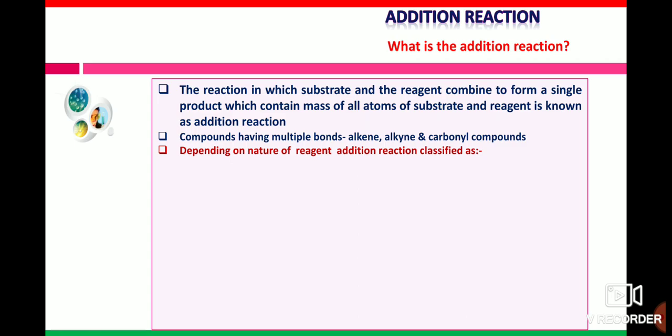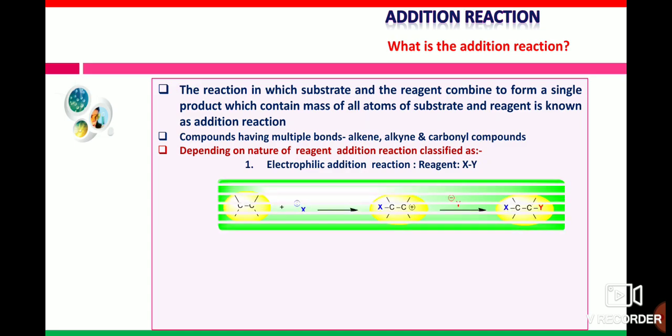Depending on the nature of the reagent used in addition reaction, the addition reactions are two types: electrophilic addition reaction. What is the electrophilic addition reaction? In electrophilic addition reaction, in the first step, the positive part of the reagent adds across the carbon-carbon double bond of the substrate to give a positively charged intermediate, that is a carbocation.